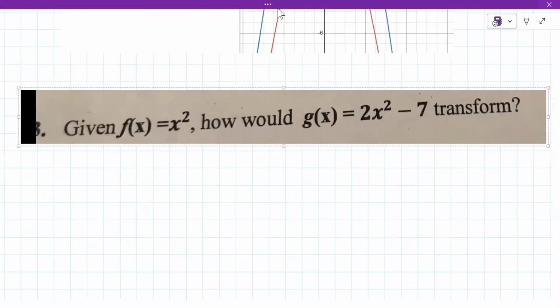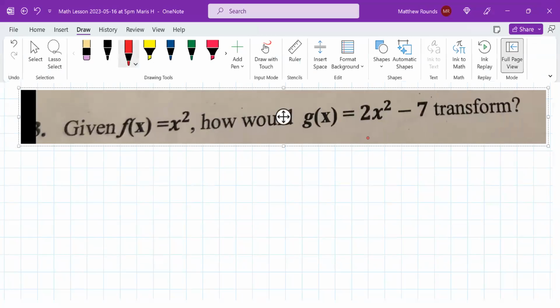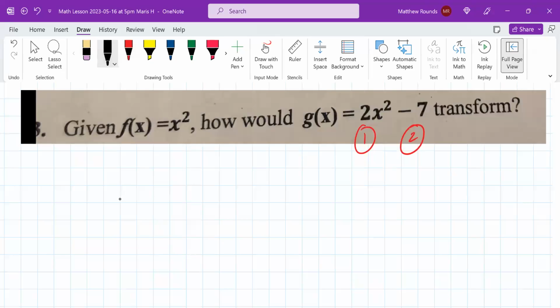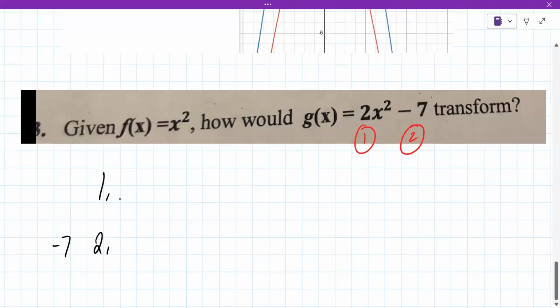There are two transformations again. There's this 2 in front of the x squared, and then there's this minus 7. Can you tell me what the minus 7 does? Because it's really similar to that +4 we had in the previous problem. It's down 7. Yes, really good. Any idea what the 2 does?